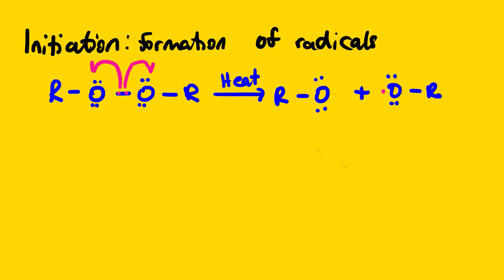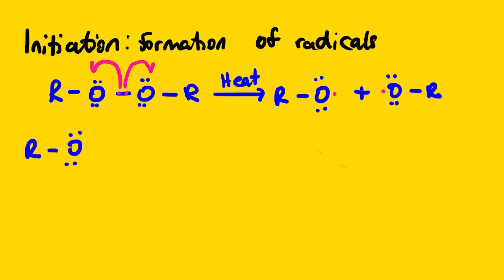Remember that these are the electrons. We call these radicals, and this one we call an alkoxyl radical. This is actually one part of the peroxide.